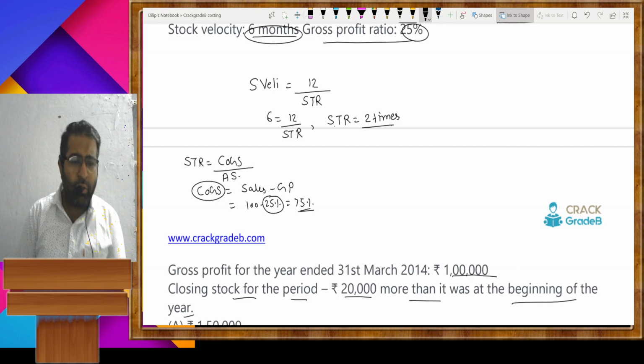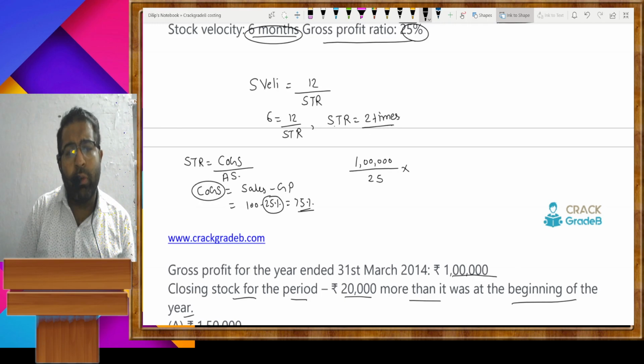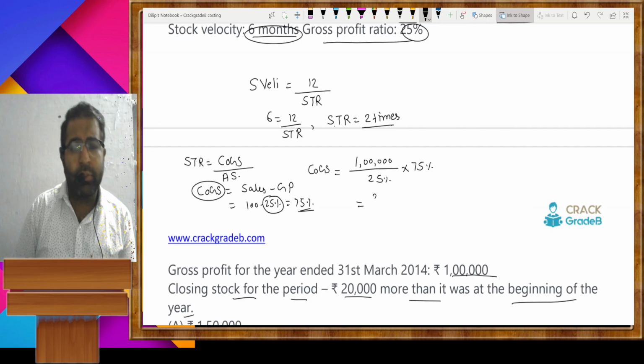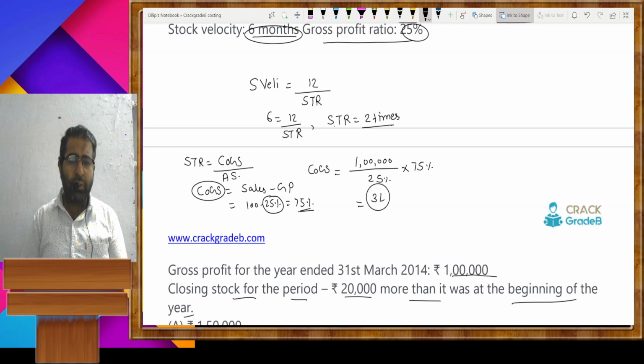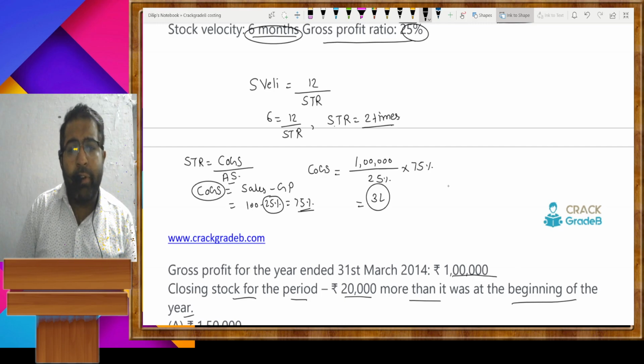So you can calculate cost of goods sold. Yes, this 1 lakh is 25%. We have to calculate 75%. It is cost of goods sold. Calculate it fast. 3 lakh. Cost of goods sold is 3 lakh. Clear? Now we have to calculate average stock.